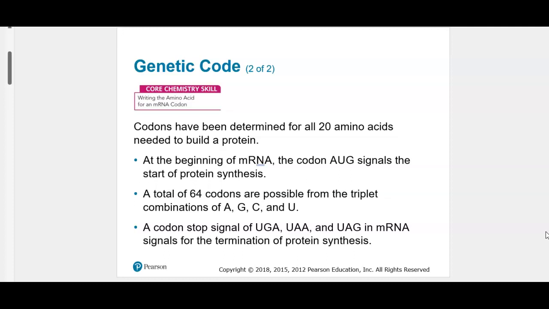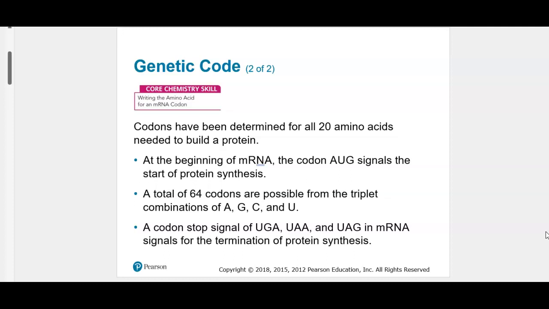When the enzymes are making the protein, and this is all going on in the ribosome, the ribosome reads AUG at some point, and that tells it to go. Okay, and we start here. AUG also codes for methionine.